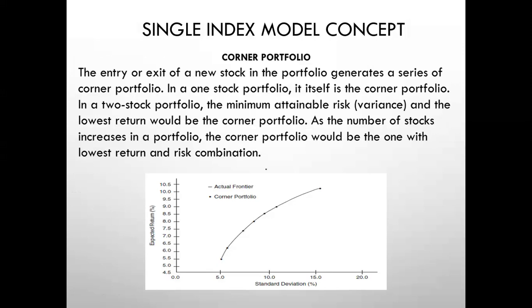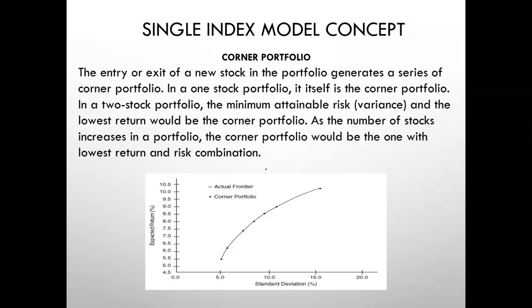Then one more concept in the single index model, after having set the systematic risk, unsystematic risk, variances, and return: what do we mean by the corner portfolio? Here the entry or exit of any new stock in the portfolio generates a series of corner portfolios.